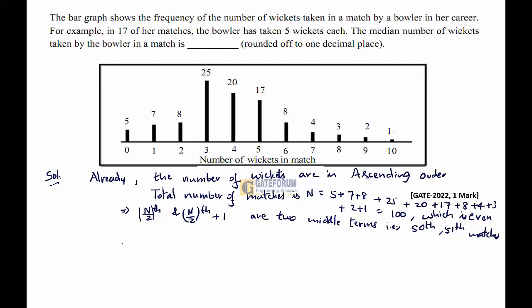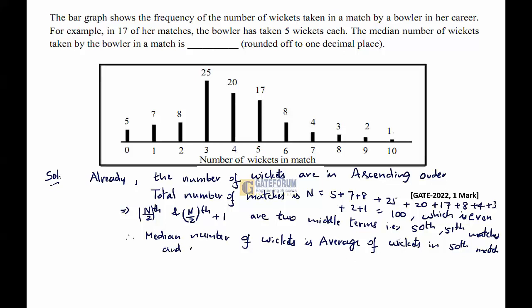So therefore, the median number of wickets is equal to the average of the wickets in the 50th match and the 51st match.